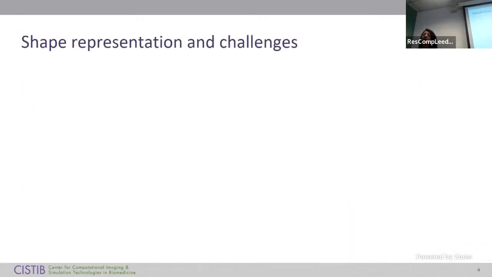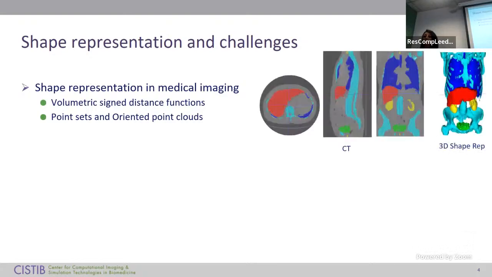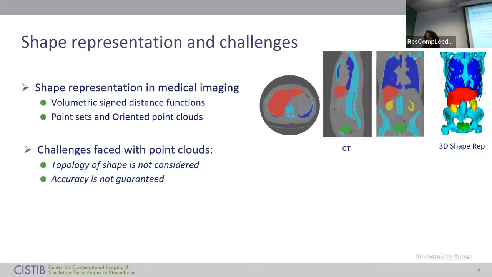In this slide, I'm going to talk about shape representation. In the literature, shape can be represented as volumetric data or point clouds or point sets. But there is a trade-off between presenting the data as a point cloud, volumetric, or surface shapes. Although point cloud learning presents remarkable results, there is a problem here. In point cloud learning, the topology of shape is neglected, so the 3D shape modeling is not accurate enough.